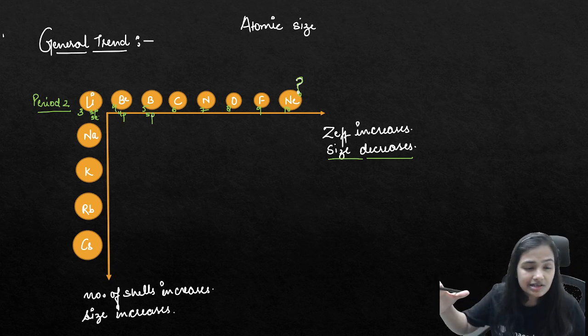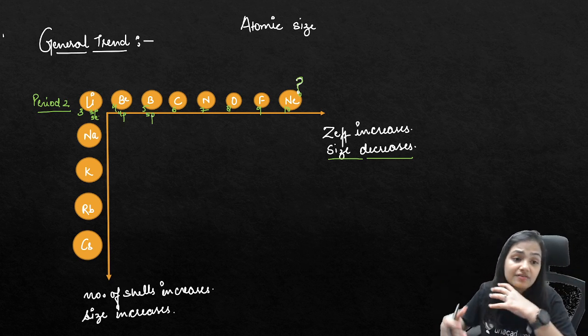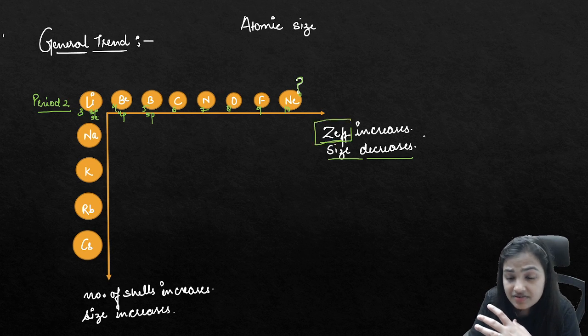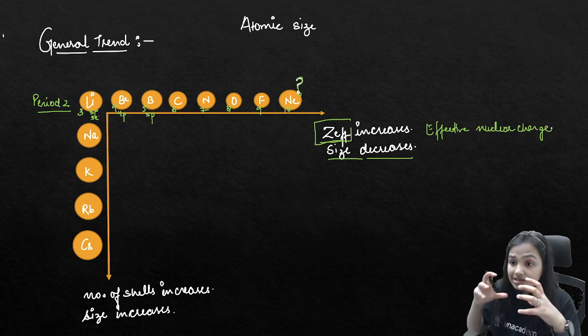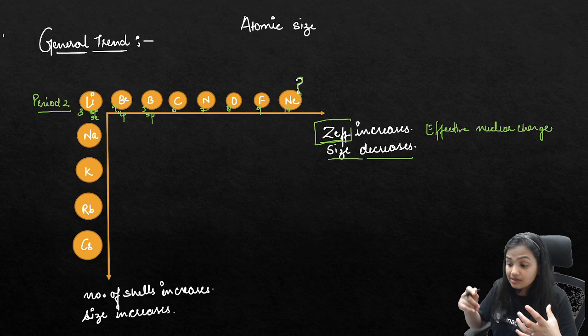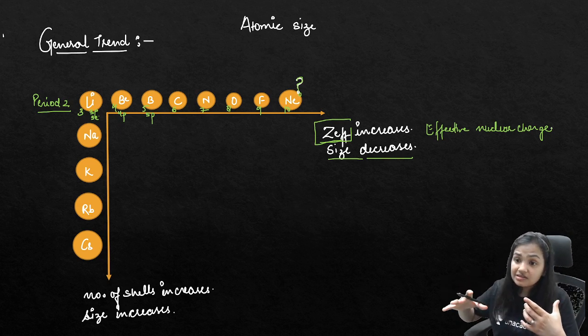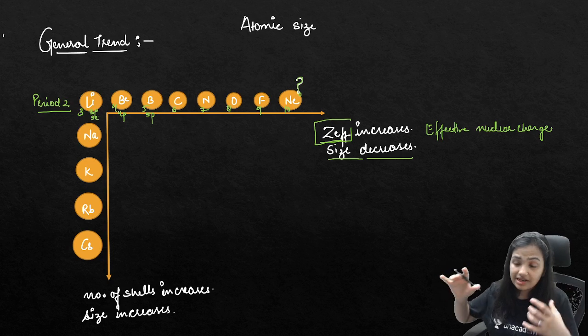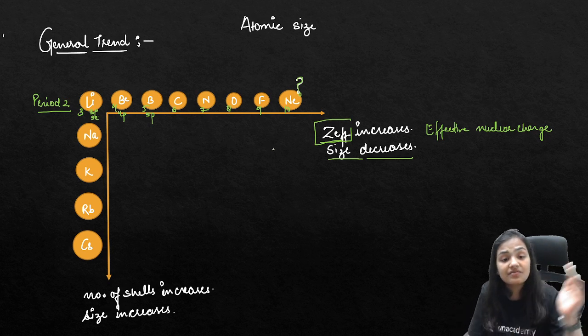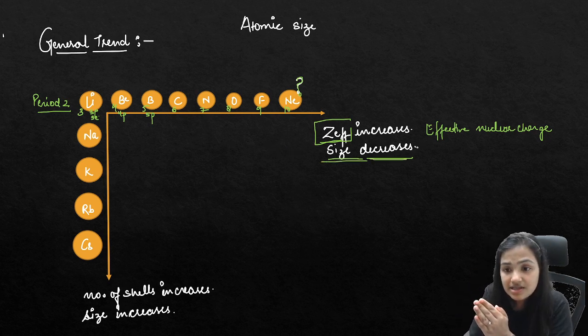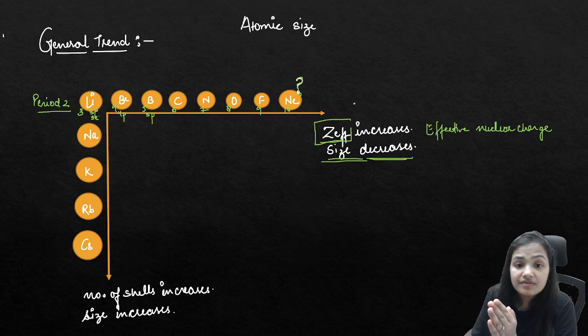So as the number of protons increases, the effective nuclear charge, that is Z effective, increases. The effective nuclear charge means the charge which remains after the repulsion between the inner shell electrons. So Z effective increases, and therefore the size decreases. But here we can see that neon is bigger in size. Fluorine is smaller, but neon is bigger.